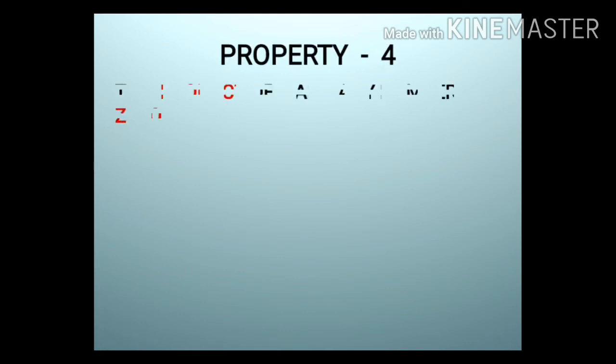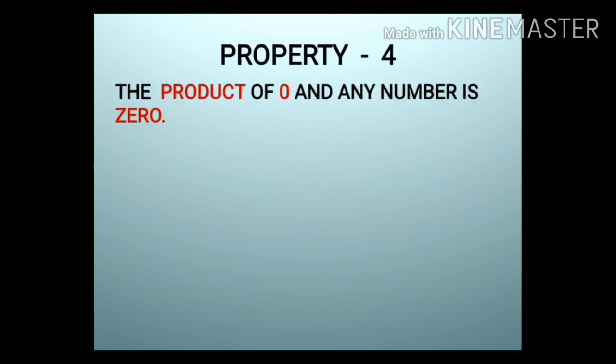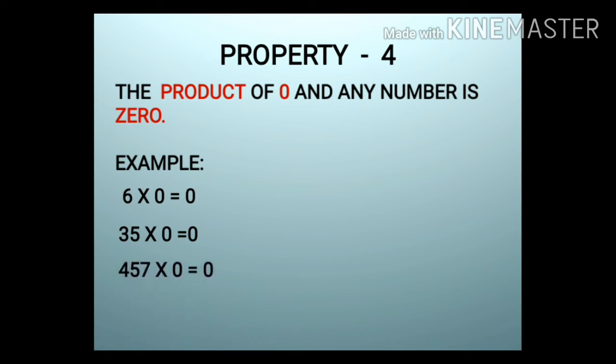Property 4. The product of 0 and any number is 0. That means if we multiply any number with 0, the answer is always 0. Let us see some examples. 6 into 0 is equal to 0. That means 0 added 6 times is equal to 0. And 35 into 0, that also is equal to 0.